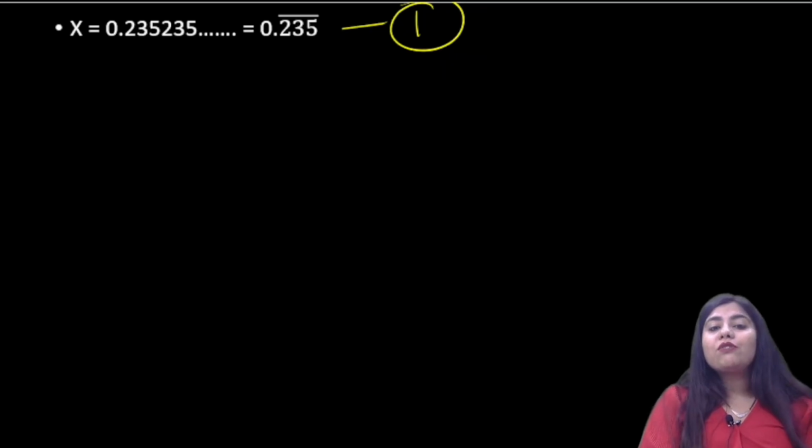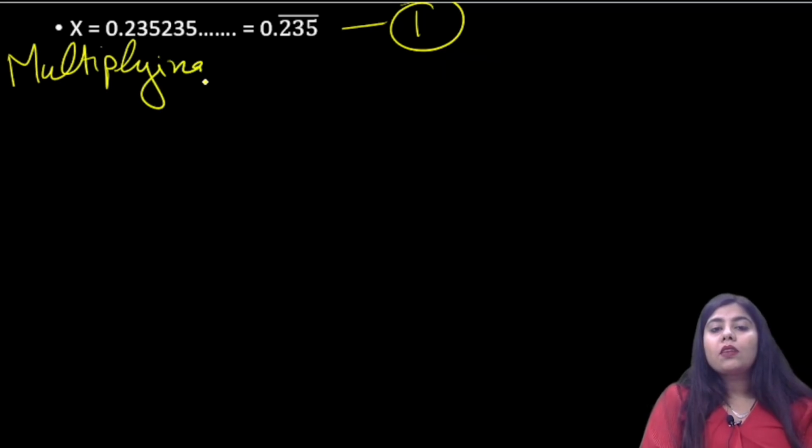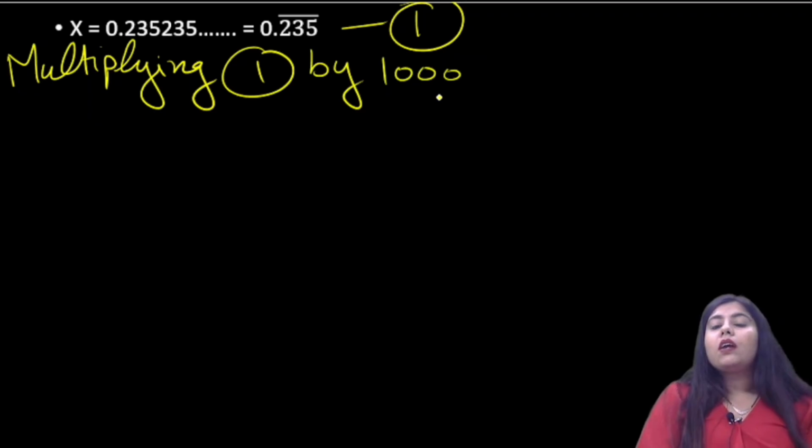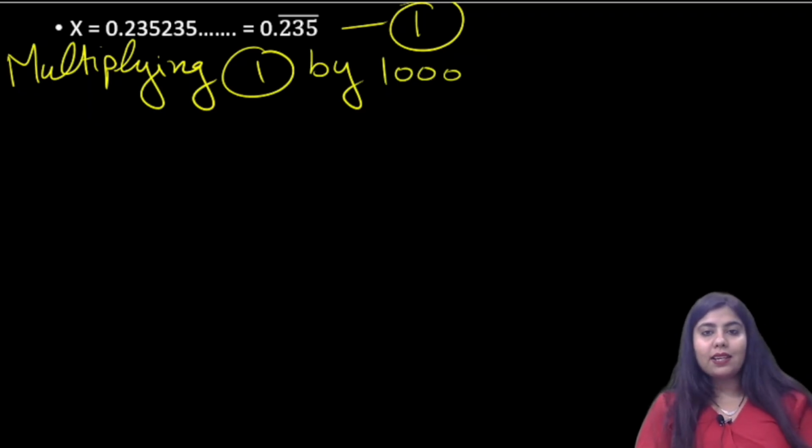So here you have to multiply equation 1 by 1000. Write down multiplying 1 by 1000. Now we have to multiply both sides, left hand side as well as right hand side.